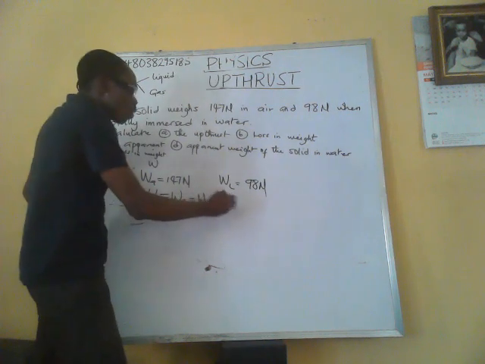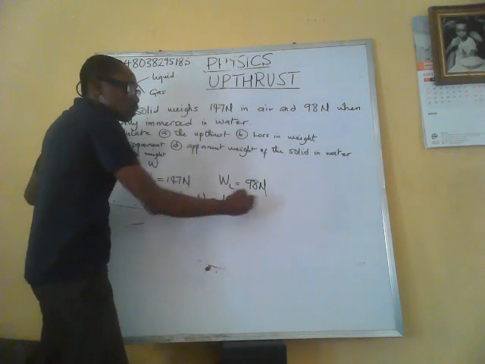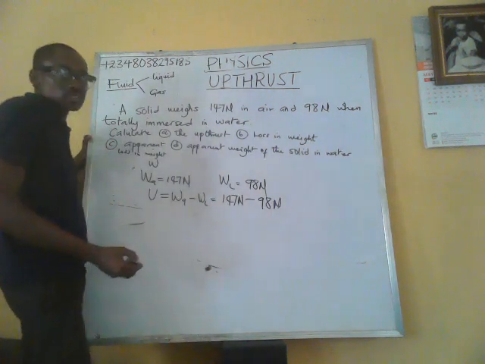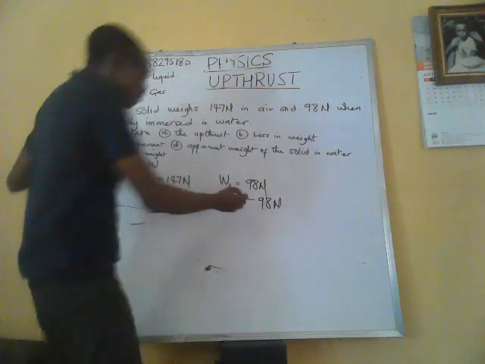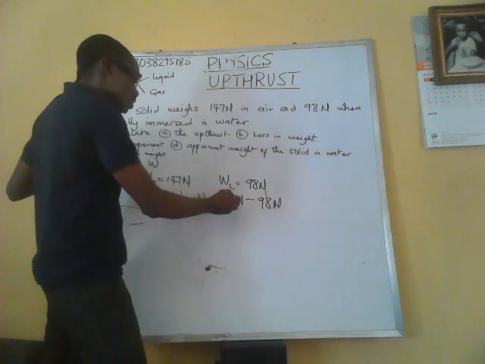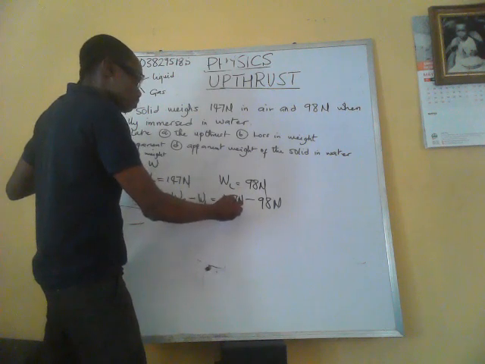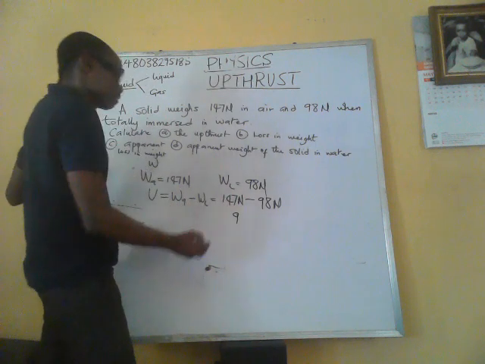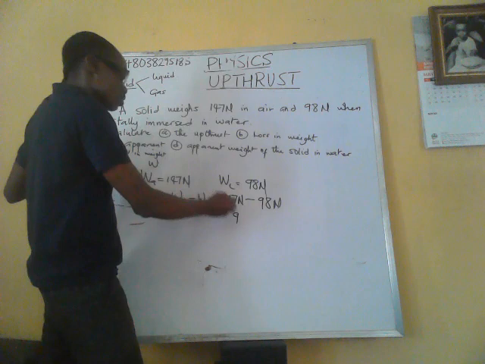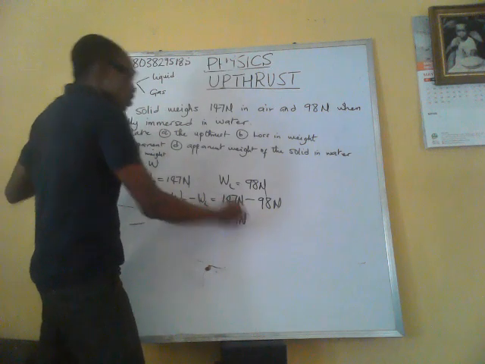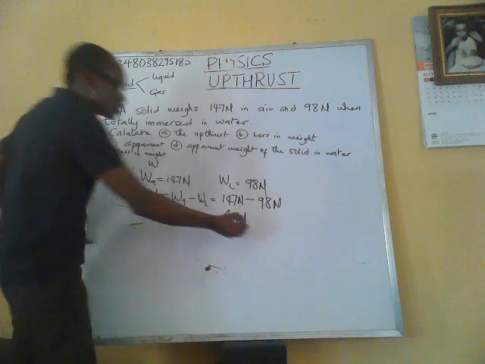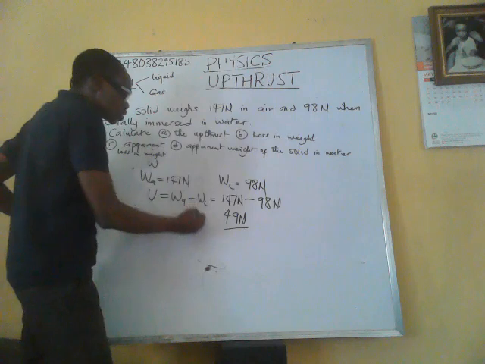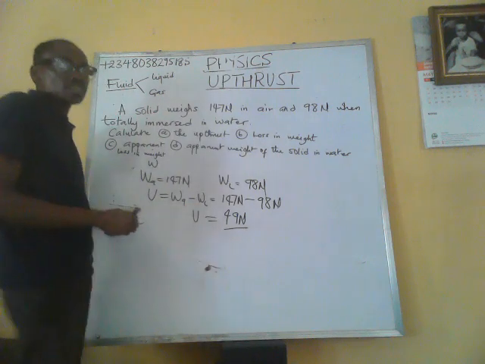So we have 147 Newton minus 98 Newton, which is 49 Newton. So the upthrust U is equal to 49 Newton.